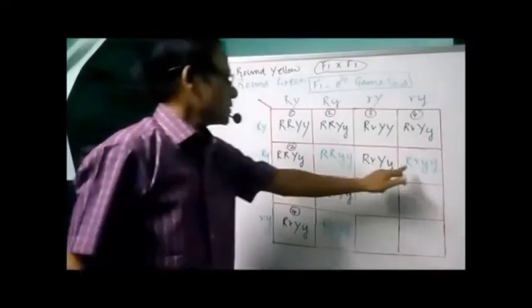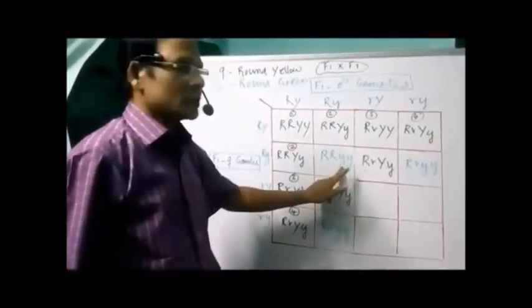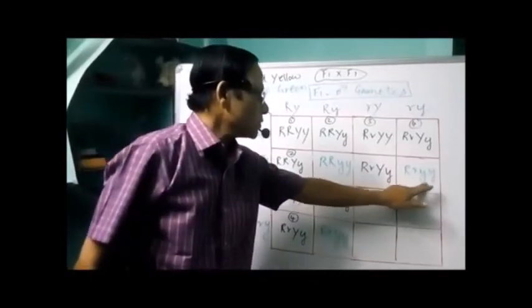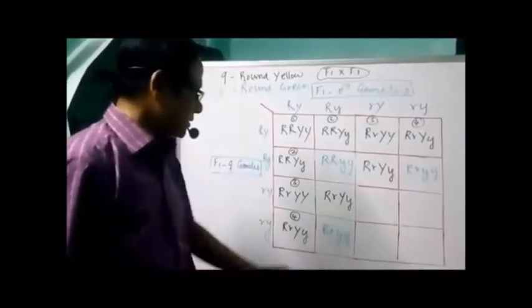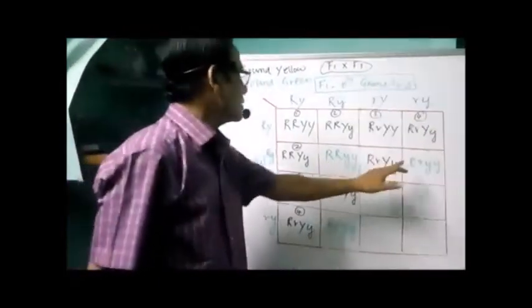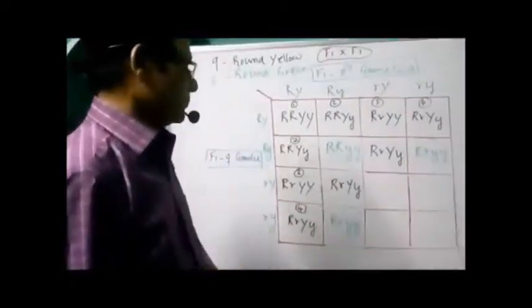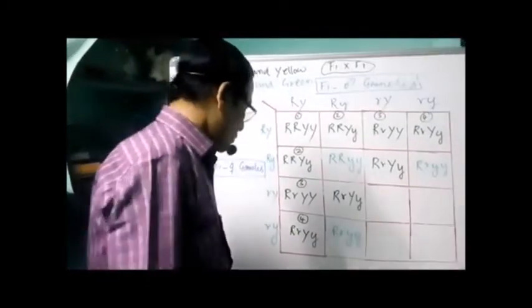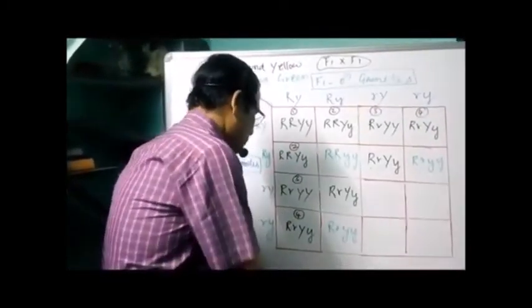So one has both homozygous, and here one is homozygous and another is heterozygous. These 3 are what is called round green. Okay, let's go for another one.